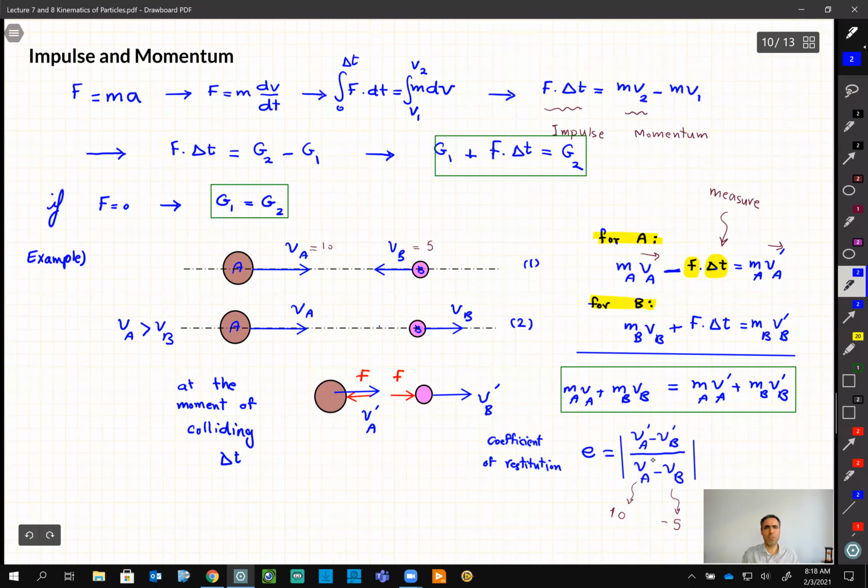So what is coefficient of restitution? It's a property which depends on the material. Let's say this ball A and B, are they made out of steel or made out of rubber? Then they're going to have different E. For example, if they are made out of steel, this E is a bigger number, right? They bounce back very fast.